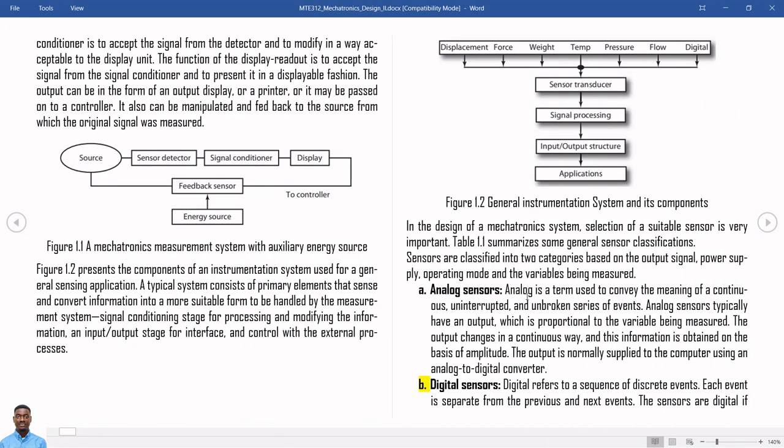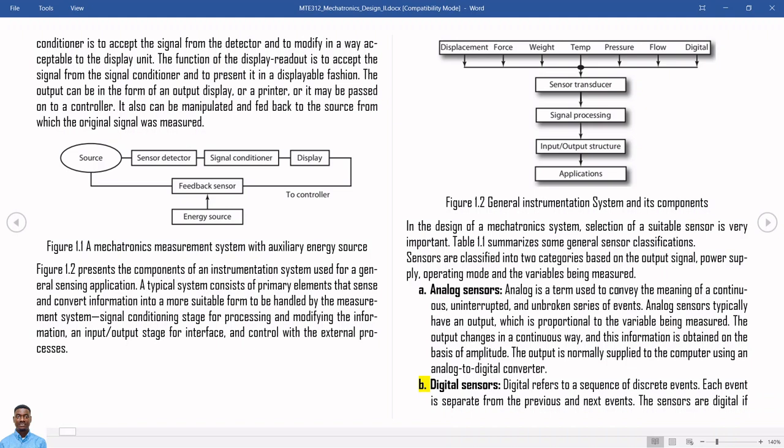The word analog is a term used to convey the meaning of a continuous, uninterrupted, and unbroken series of events. So when we're talking about something that is analog, we're saying that the event is a continuous, uninterrupted series of events.